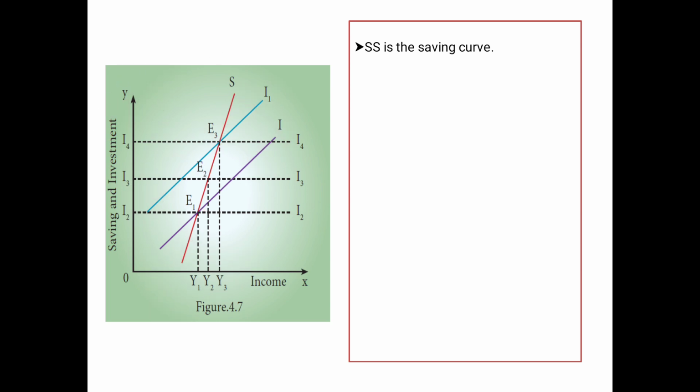What is the S line? It is the saving line. I denotes investment. You can see the investment is increasing, from I2 to I3, I3 to I4. When investment is increasing, look at the income, from Y1 to Y2, Y2 to Y3.